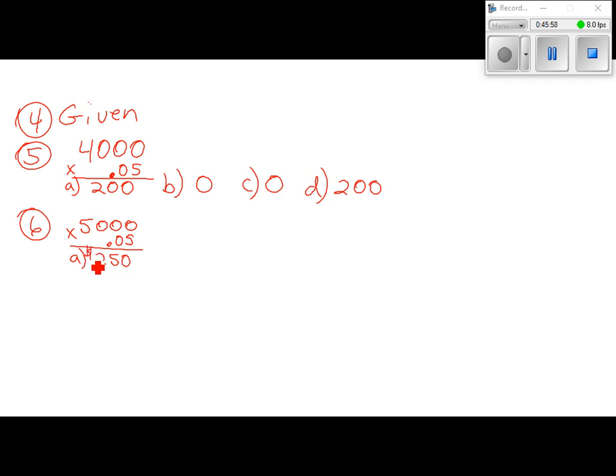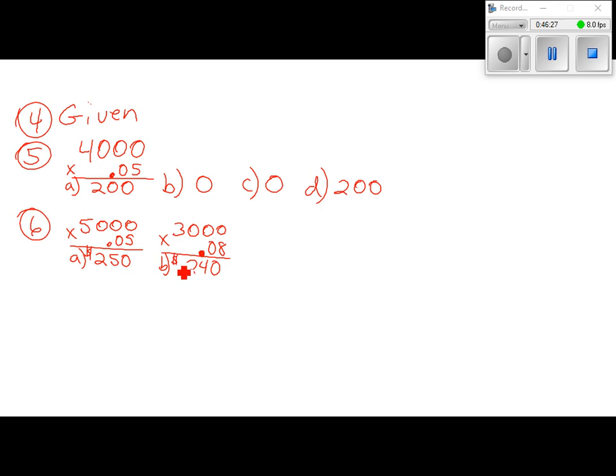Then B, did they sell more than that this time? Yeah, they sold 8,000, how much more? 3,000. And for part B, 3,000 times what's their percentage now? 0.08, 8%. Somebody multiply that for us. 240, that's the answer to B, $240.